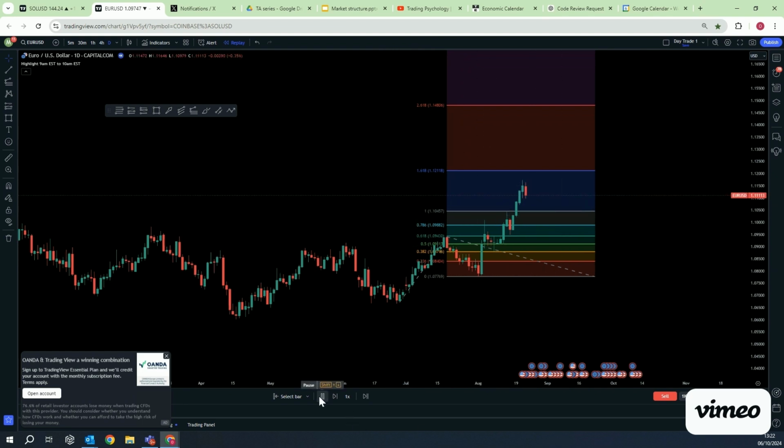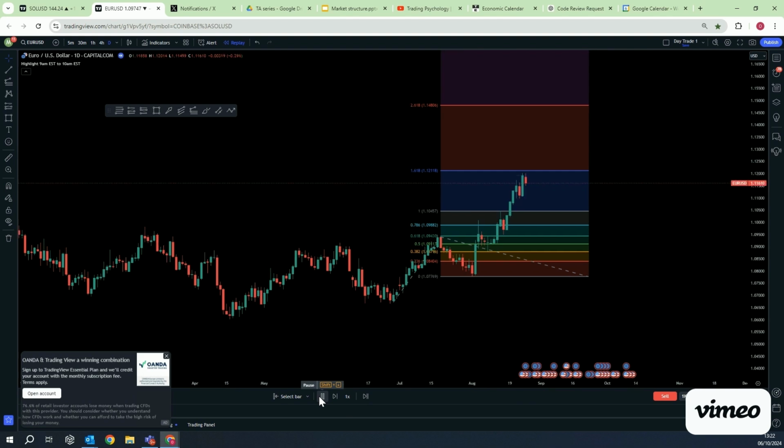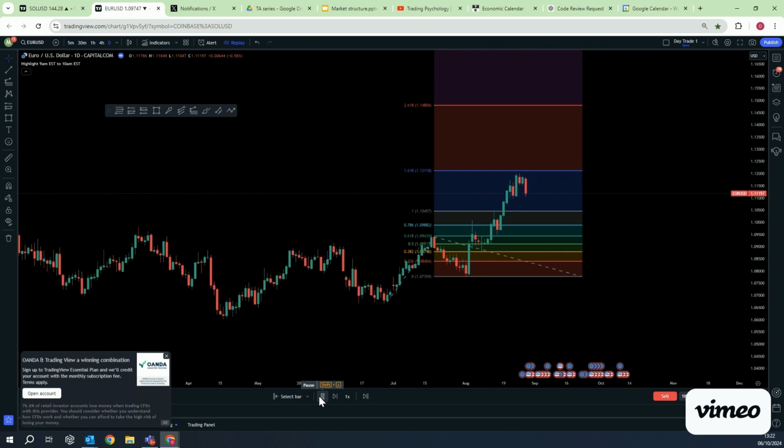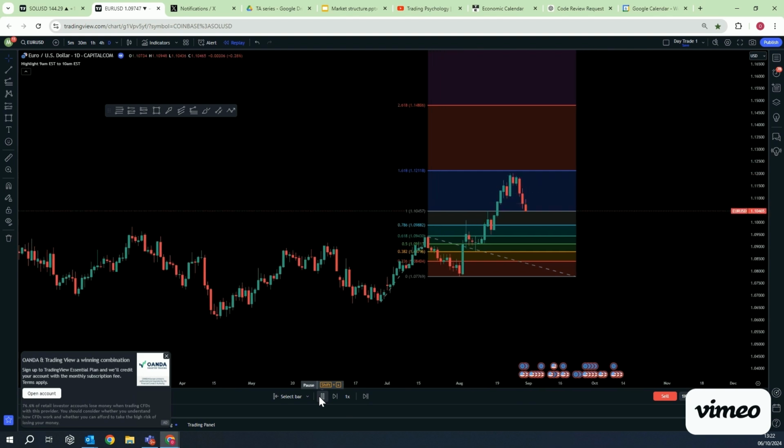I don't know what's going to happen now. Maybe it won't hit it. Oh, it does. Perfect. And then it starts to reverse off it. I didn't plan for that to happen, but that is a really good example of where the Fib extension has worked incredibly well in that scenario.